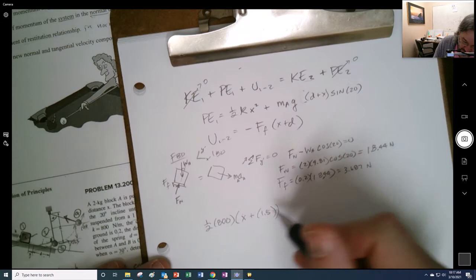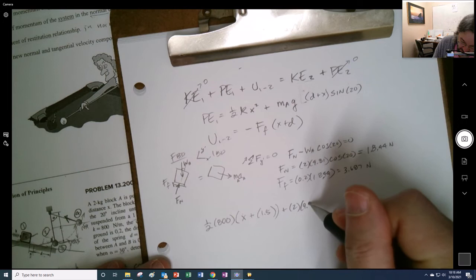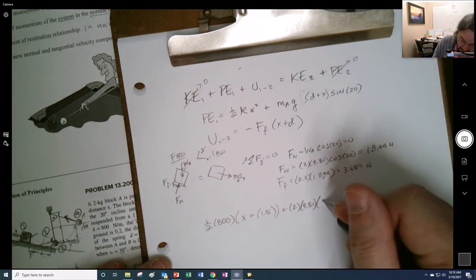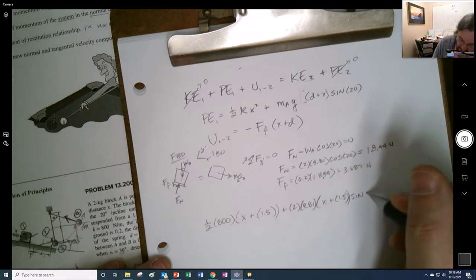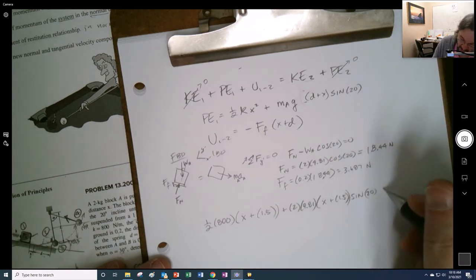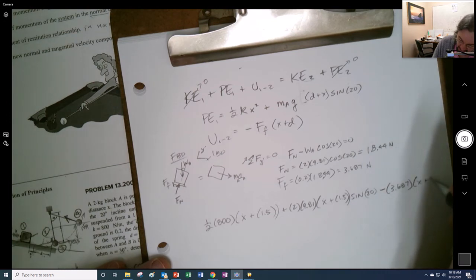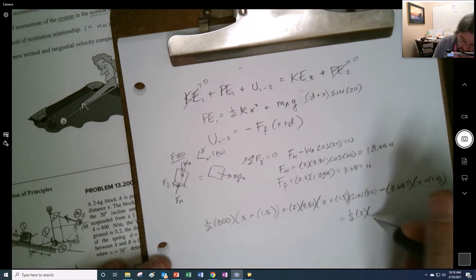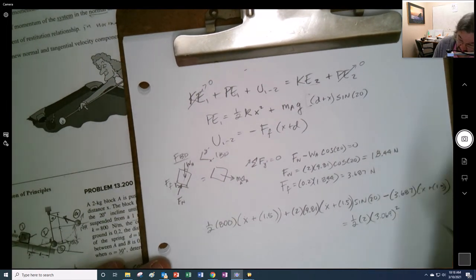And, oh yeah, we also need the plus our 2, 9.81, x plus 1.5 times the sine of 20 degrees, right? And then minus my 3.687 times my x plus 1.5. And that's going to equal to 1/2, 2, and we'll establish what the velocity was at the base, 3.069 squared.